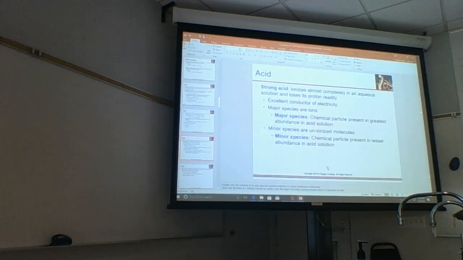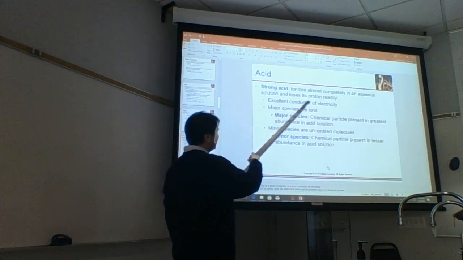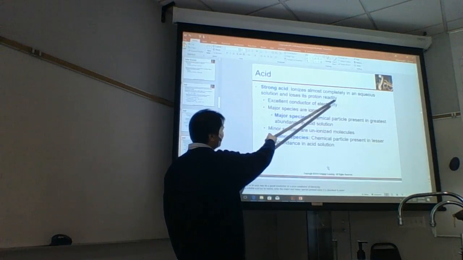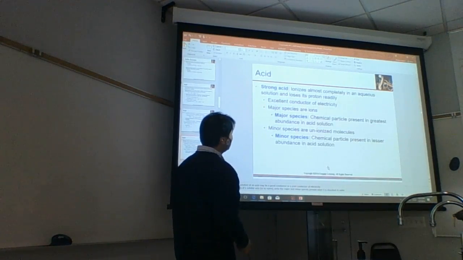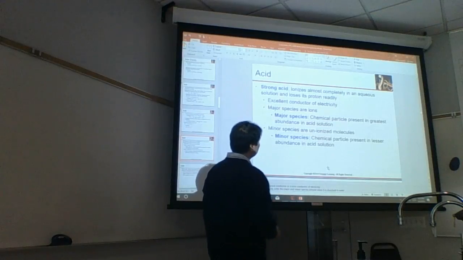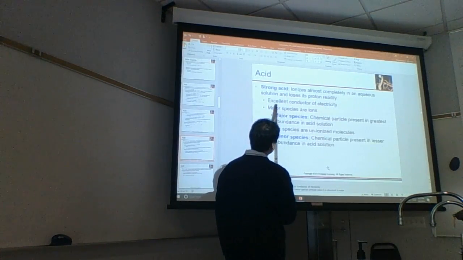Okay, well, we already talked about that. And so we already talked about this. I have it organized a little differently. Strong acids ionize almost completely or completely. I just said completely. I don't take it too literally. It loses its proton readily.